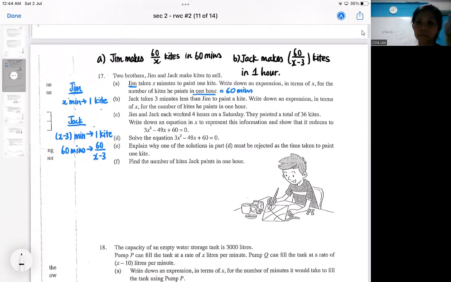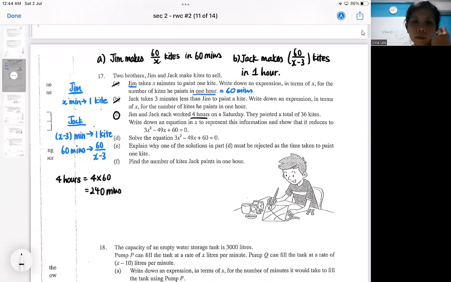From here, we are already done with part A and part B. Then this is the part where you combine the information. Usually part A and part B will help you to combine the information to get the equation that we want. Jim and Jack work 4 hours, so you need to think about 4 hours. 4 hours is 4 times 60, which is 240 minutes.